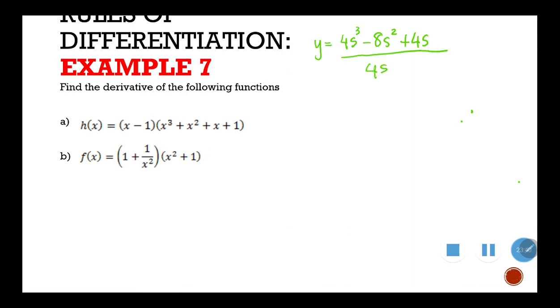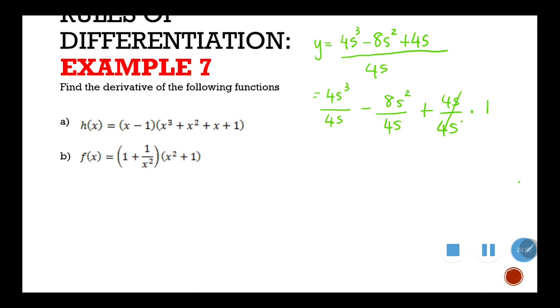So we want to find y prime for this equation. First we can simplify it. Looking at this equation, we can simplify it: 4s cubed over 4s minus 8s squared over 4s plus 4s over 4s. So 4s over 4s, you will get 1.